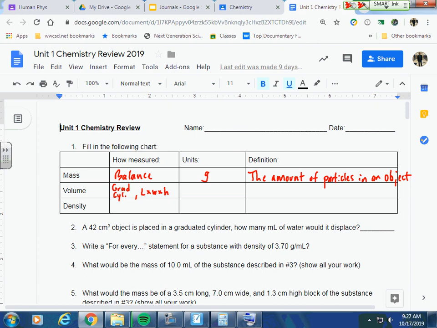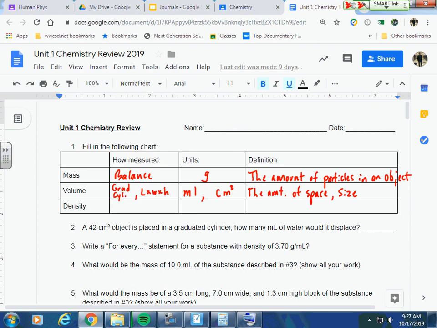So if I put something in the graduated cylinder, either I'm measuring a liquid's volume or maybe I'm using the displacement technique, I'm going to get units that are most likely going to be milliliters. If I do length times width times height, I'm probably going to get centimeters cubed. And volume is the amount of space the object takes up. So you kind of think of that like the size, how big it is. Just because something's big doesn't mean it necessarily has to have a lot of particles in it.